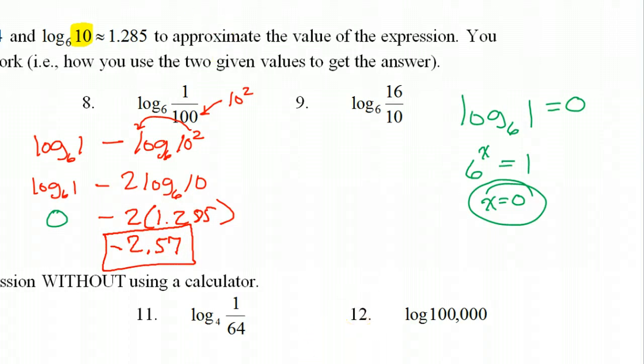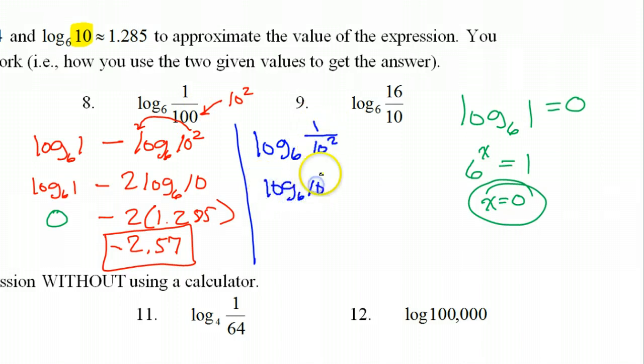I mentioned there's another way to do it. I probably would have done this. Log base 6, you know this is 1 over 10 squared, right? So this would be the same thing as log base 6 of 10 to the negative 2 power. And then I would put the negative 2 in front, like you do.